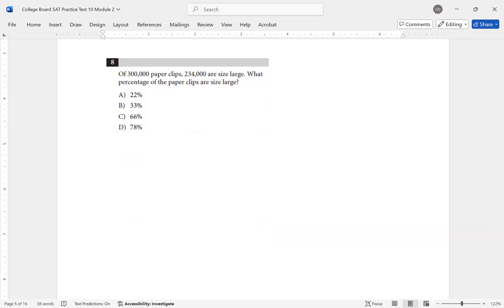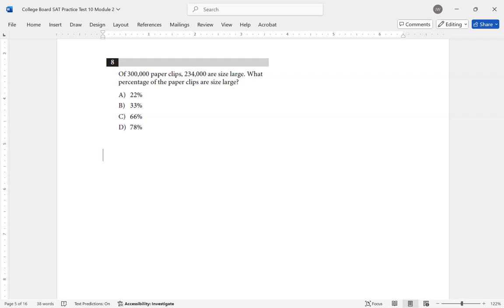Question 8. Of the 300,000 paper clips, 234,000 are size large. What percentage of paper clips are size large?